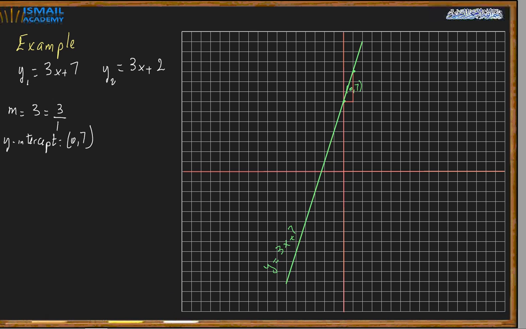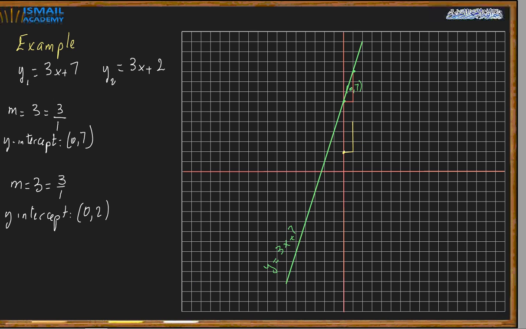I do the same thing for the second one. The slope again is 3, which is the same as 3 over 1, and my y-intercept is (0, 2). I'm going to go to (0, 2). It's here. Let me use another color. This is my (0, 2). Again, I move to the right by 1 and up 3.